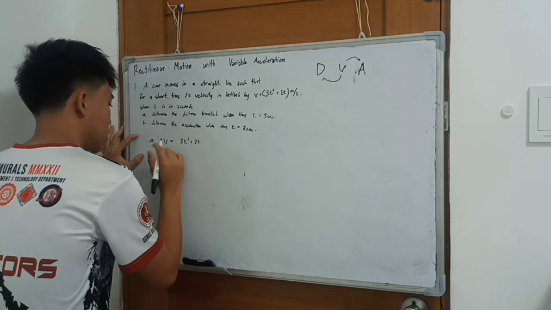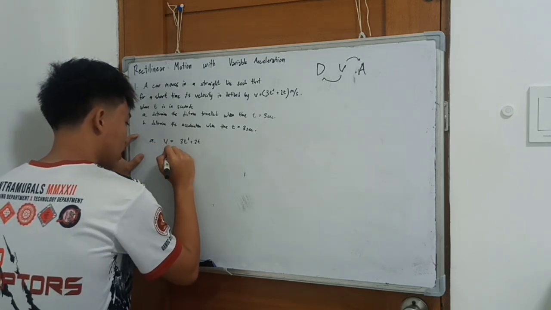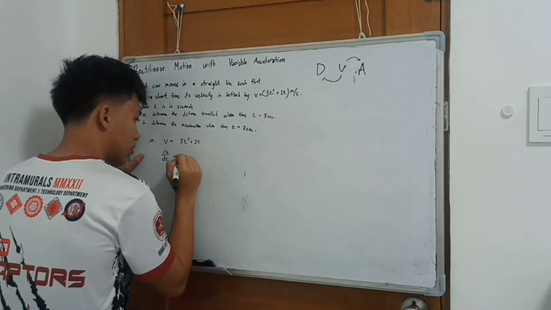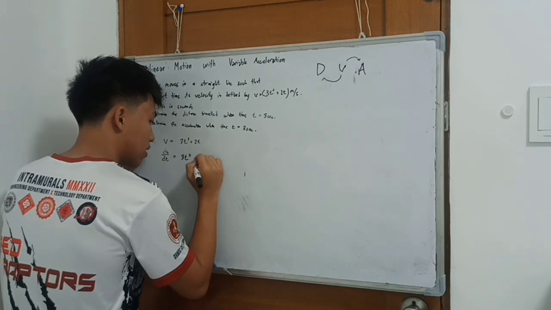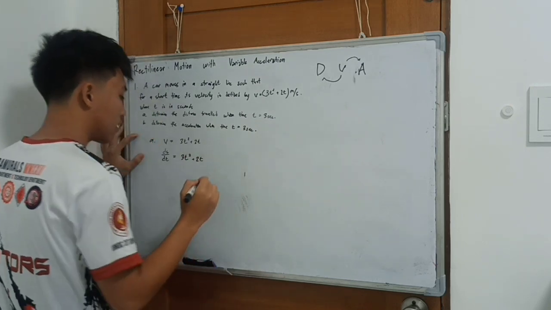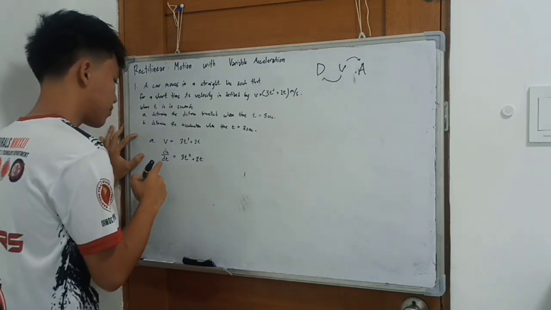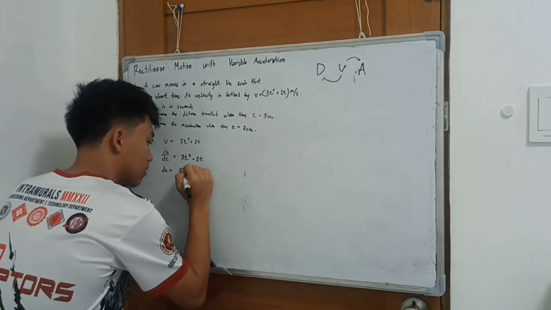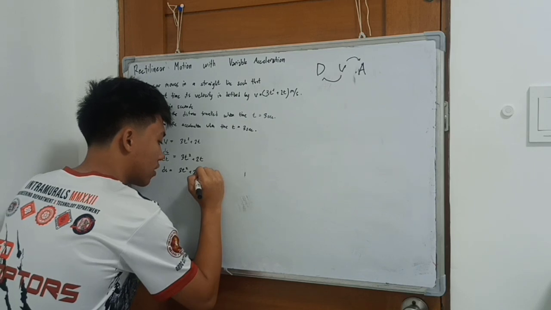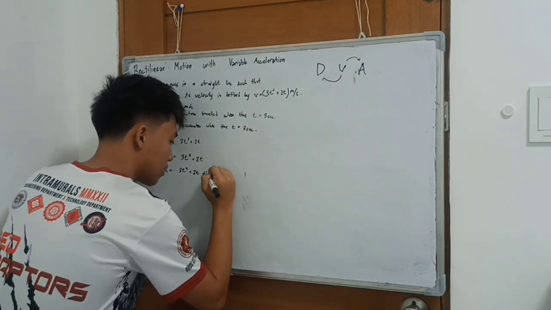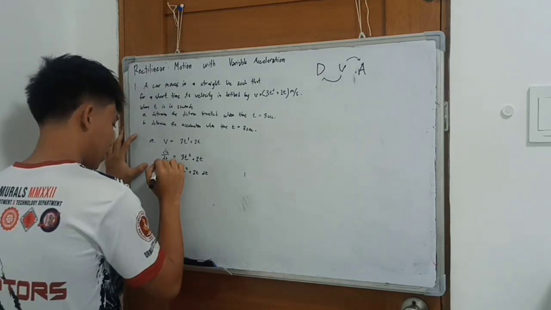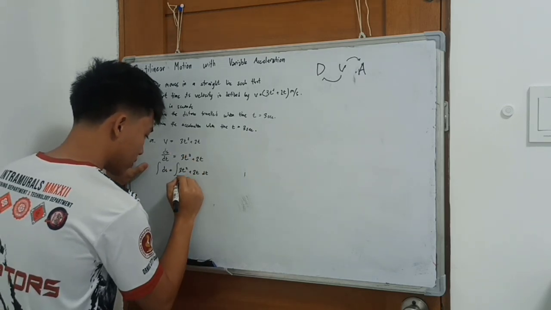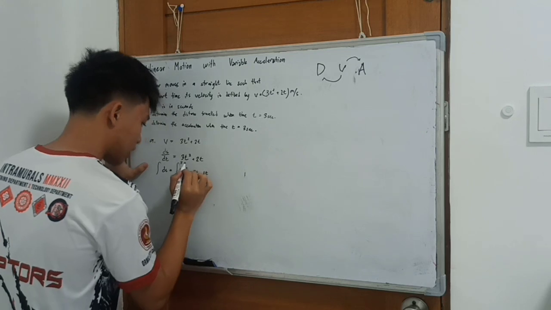So you change this into ds over dt is equal to 3t squared plus 2t. Cross multiply, 3t squared plus 2t dt, and integrate from 0 to 3 seconds.